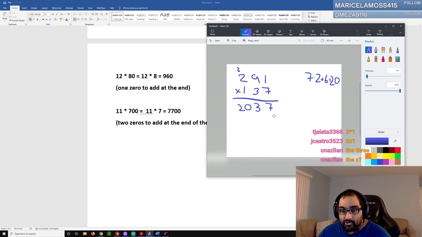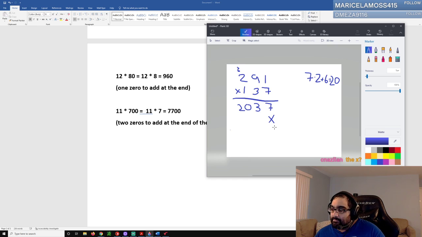Okay, so I need to put a cross out here. So you need to put the x here right below the 7. Again, the reason why I don't want to do 3 times 1 first is because of that x and where I need to cross out. Because then I need to know where I'm going to start by putting the answer to 3 times 1. That's the part that leads to confusion there. So you got to be a little bit careful.